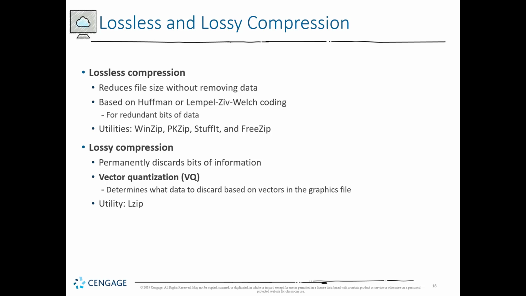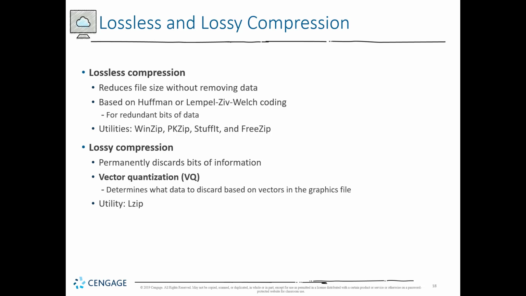While we have our vector quantization, this basically determines what data to discard based on the vectors in the graphics file. That way it can reduce the actual data in the file, but not actually harm the image, or might be a slight reduction. Utilities for this are things like lzip.